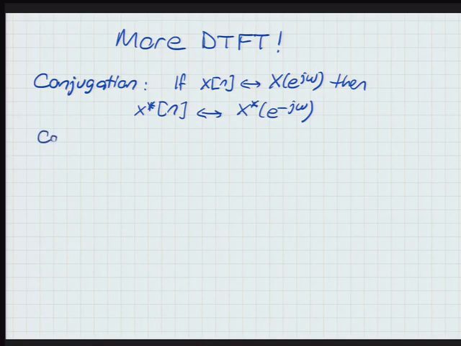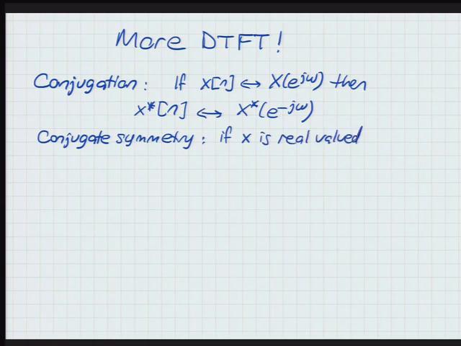And the conjugate symmetry property is a result of a signal x being real. So conjugate symmetry means, if it's a direct result, this is not a new result. This is just a corollary to this. If x[n] is real valued, for all n, then x* is the same as x.